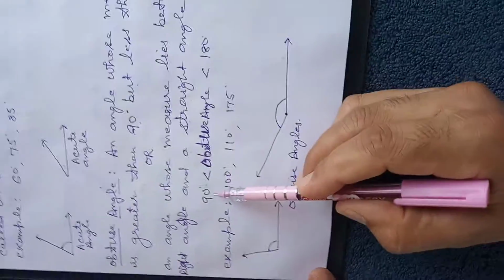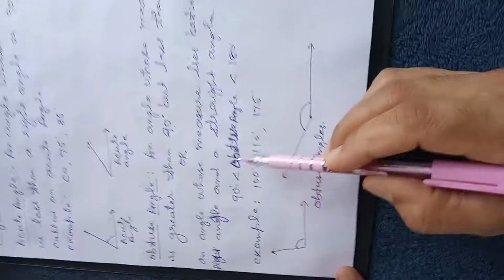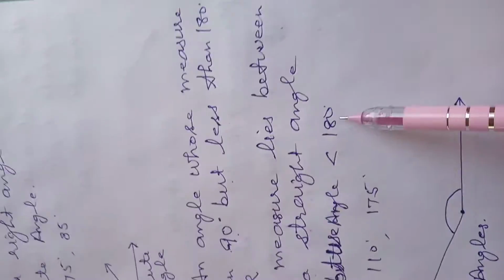Means obtuse angle is greater than 90 degree but less than 180 degree.